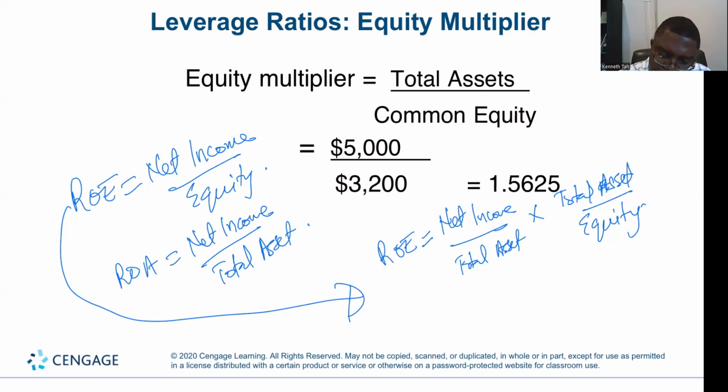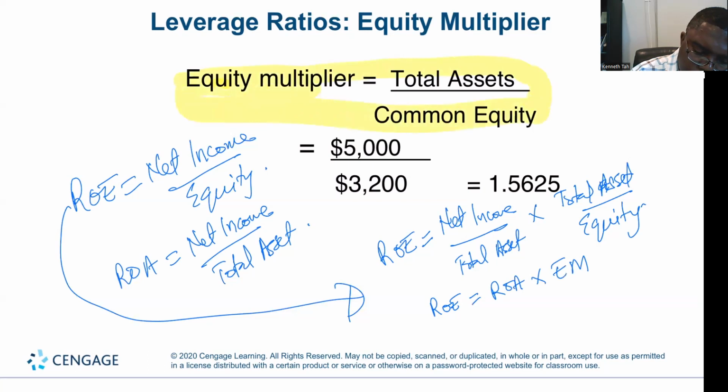All right, so with this, what we find is that return on equity is the same as, so notice that this now becomes return on asset, times what we call the equity multiplier. So equity multiplier is total asset divided by common equity.